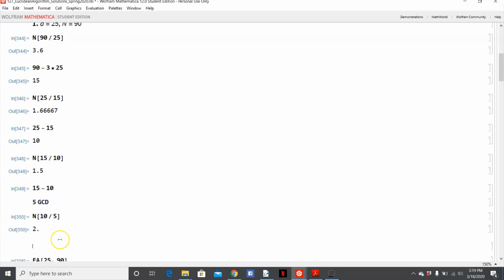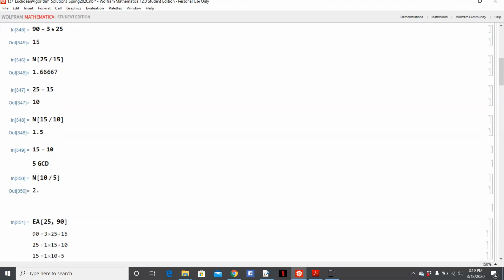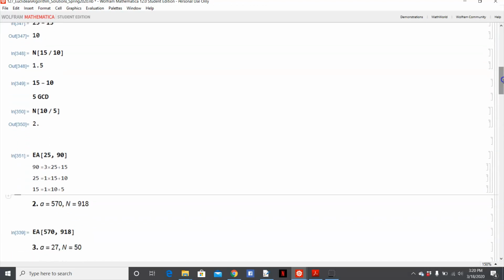All right, now, as I said, to make that look a little neater, I have this command. And it shows you what I computed. I took 90, divided it by 25, found that it went in 3 times, subtracted that to get the remainder.